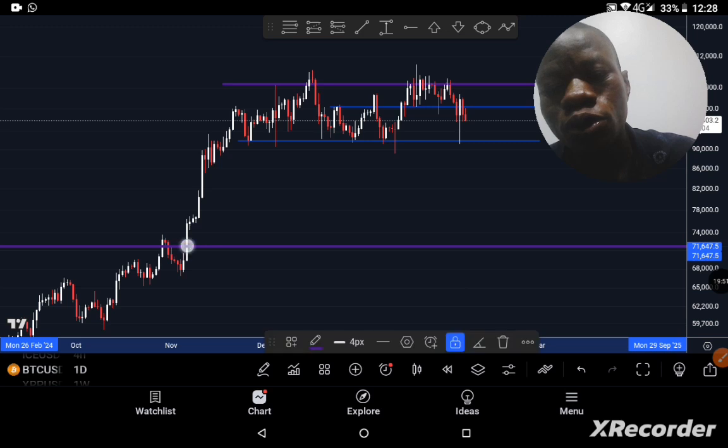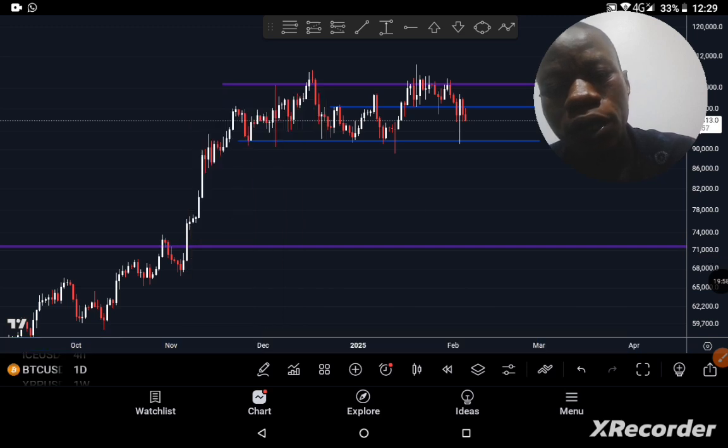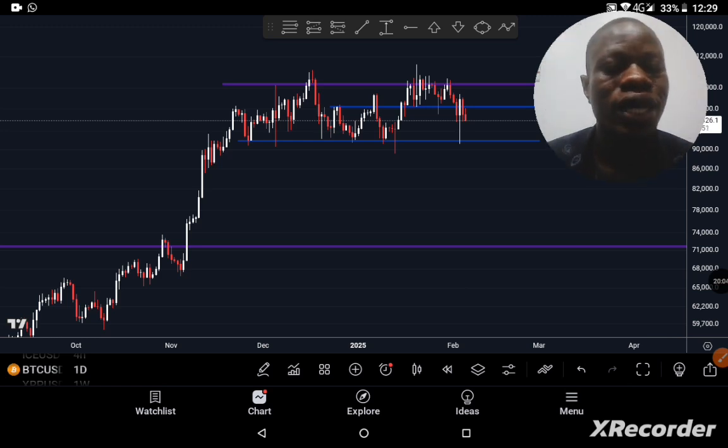You should know that any moment when the market breaks this level, you are going to long. So the technical will tell you to long, while the fundamental will help you push the market. So that's why your technical must be very sound, must be very good, so that you can take advantage of the market.